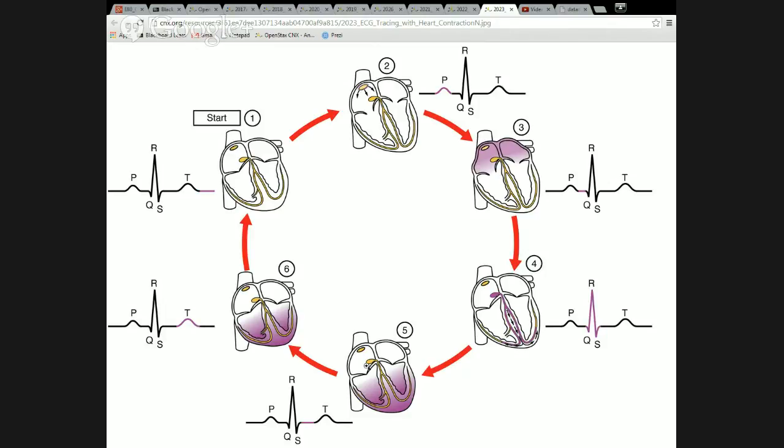Now, earlier I was saying, maybe this purple should be about halfway up and this purple should be all the way up. Now that I see, looking at this, it's really most sources that have a similar picture to this won't have any purple in the sixth picture because purple represents depolarization and the T wave is repolarization. So there shouldn't be anything going on right here, okay? But that's not quite the way that they laid it out here.